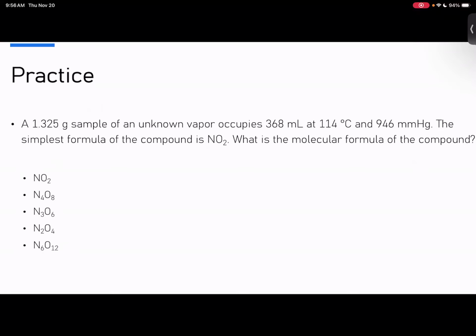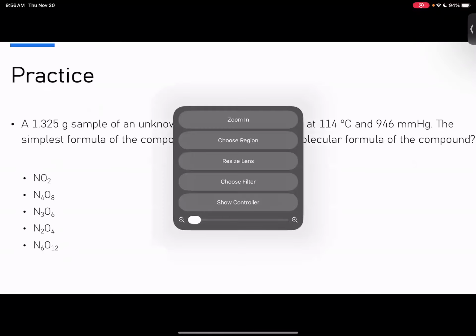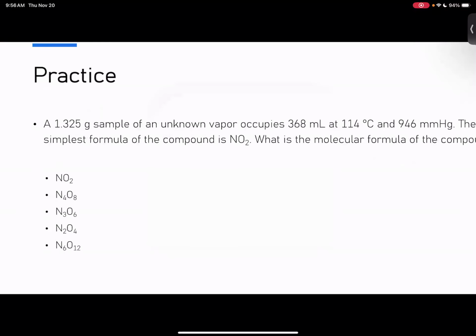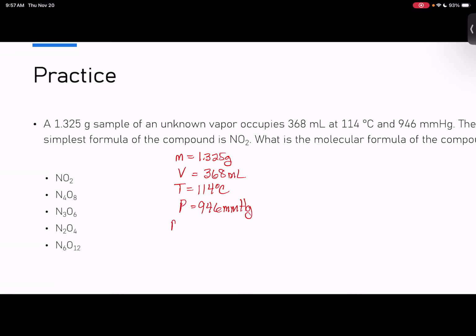So here we have a mass equal to 1.325 grams of an unknown compound that has a volume of 368 milliliters at a temperature of 114 degrees Celsius and a pressure of 946 millimeters of mercury. We have been asked to determine the identity of the gas. Anytime you're asked to determine the identity of the gas, it's asking you to determine the molar mass of the gas.